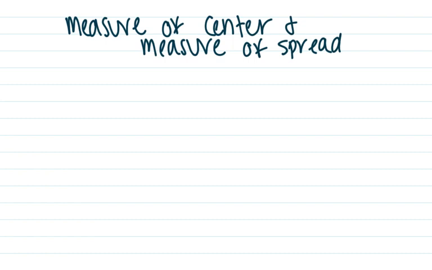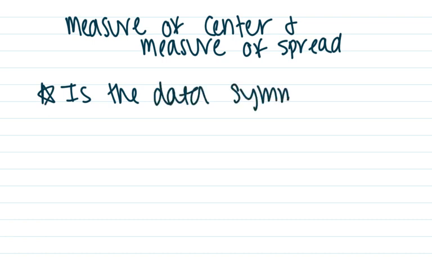And symmetry affects that. So if you want to know what is the best one to use for a group of data, you have to ask yourself one super important question. And that question is: is the data symmetrical?